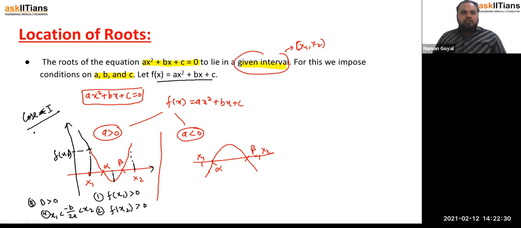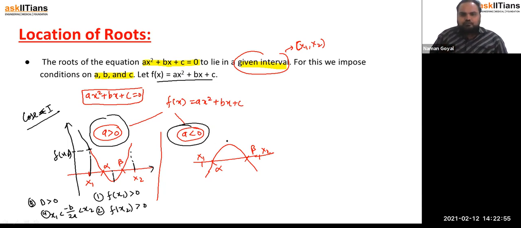Okay, and see, if two numbers are positive, then their product is also positive. So after we learn these two cases, for a greater than 0 and for a less than 0, we are going to summarize these two different cases in a single case. How can we do that? Listen carefully.